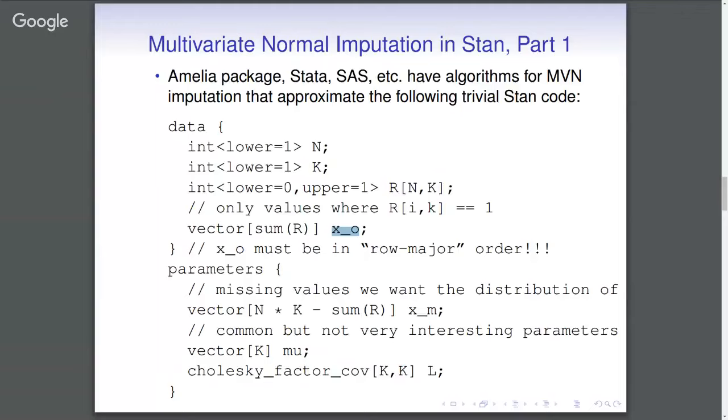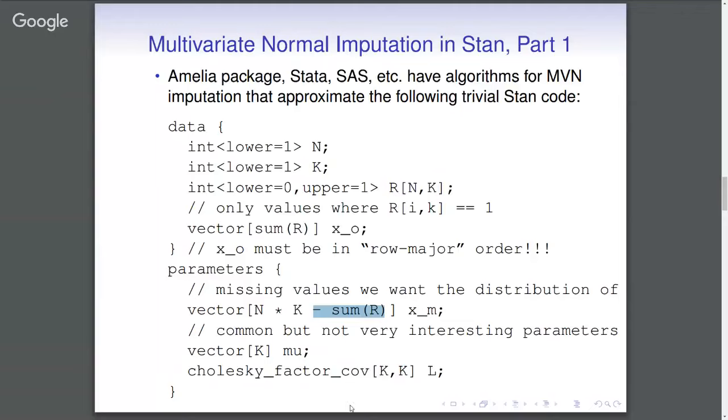Then in the parameters block, we have the complementary thing, XM. And this is going to be equal in length to N times K, which is as big as it could be, minus the sum of R. So this is equal to the number of zeros in R. So XO and XM are like complements.